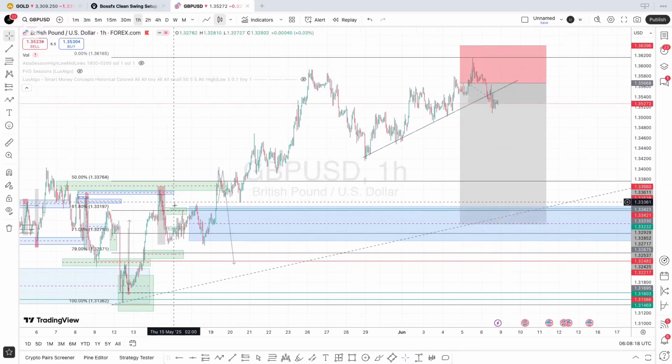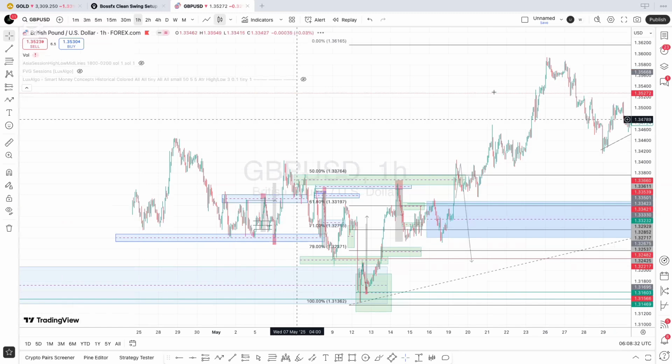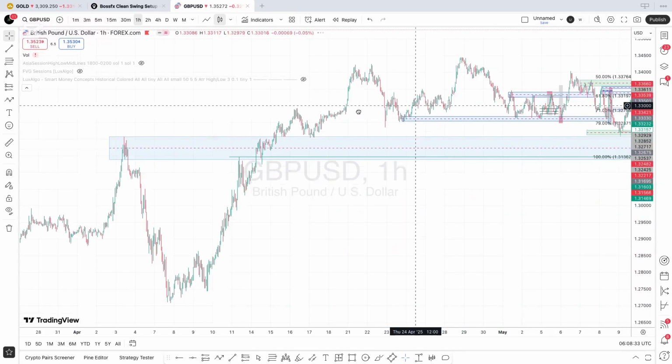At the same time, you can see it's coming all the way back down to the neckline of the head and shoulder pattern that pushed the market all the way to that point.